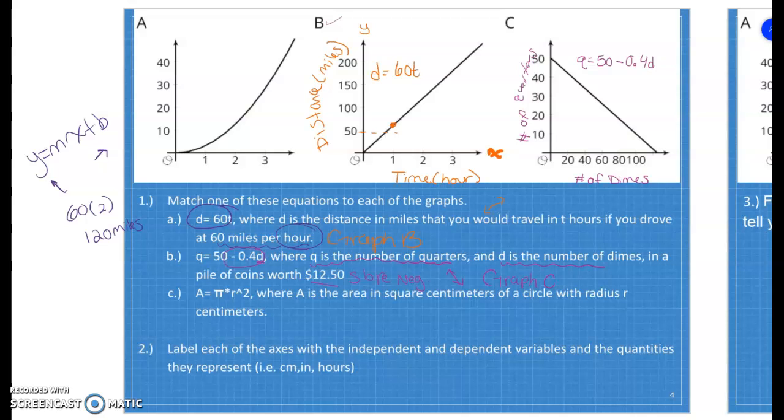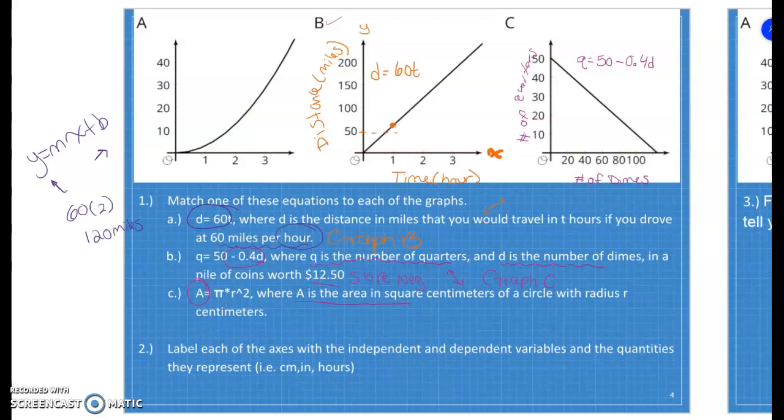But even if I started with this first one here, it says area, so A equals pi r squared, where A is the area in square centimeters and the radius is r in centimeters. Remember, y is always by itself in an equation. In this case, my y is A, and A, if I look over here, is area.